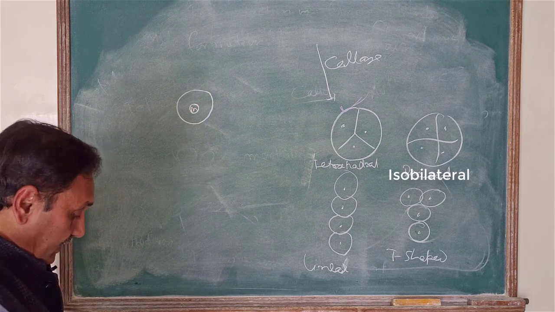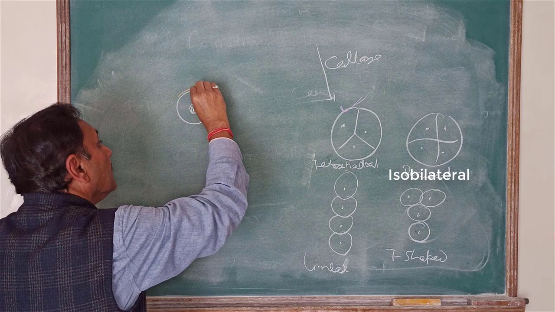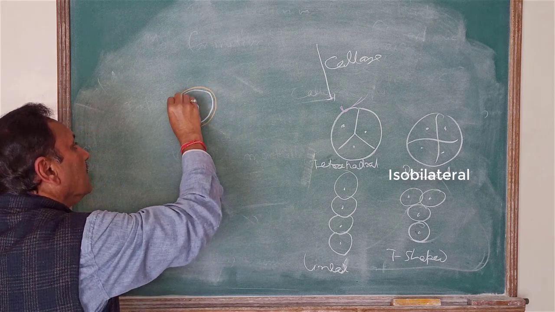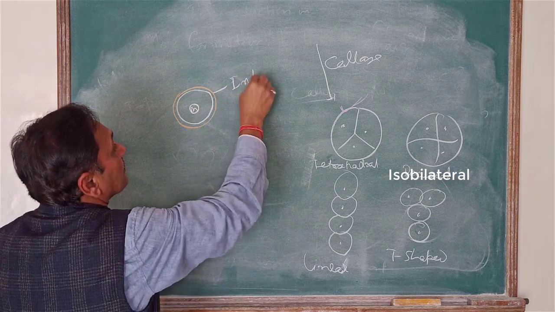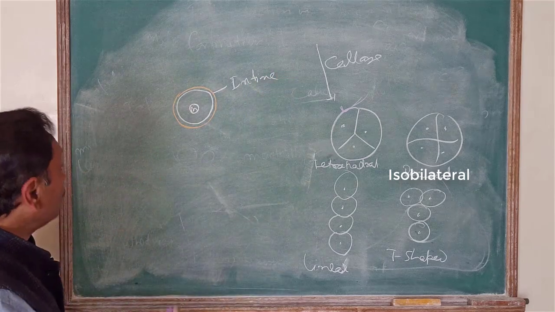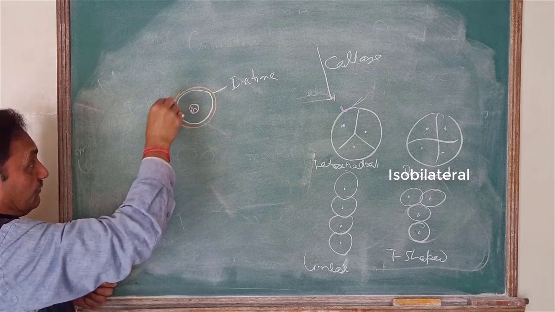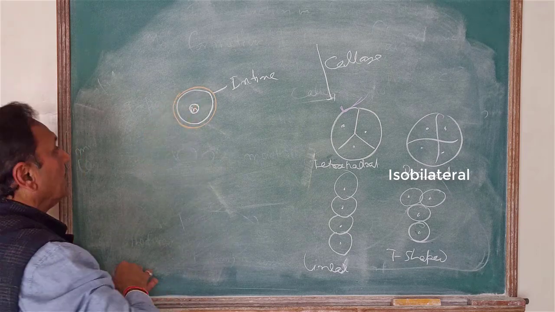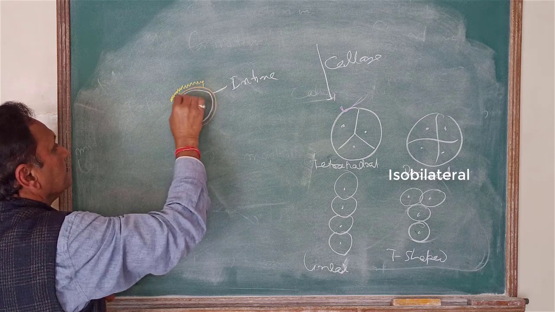It is surrounded by an inner structure called intine, which is a complete circular structure, and an outer structure that is incomplete, which is like this.